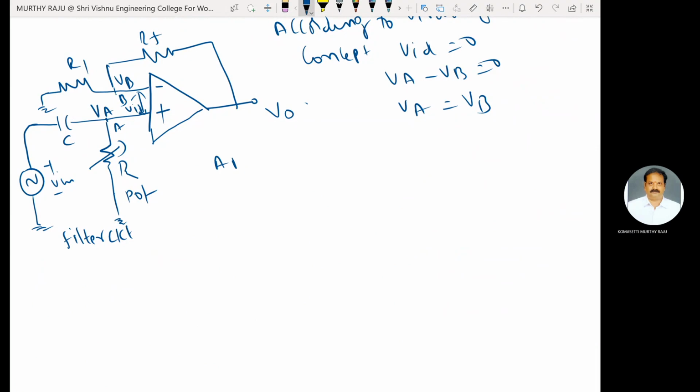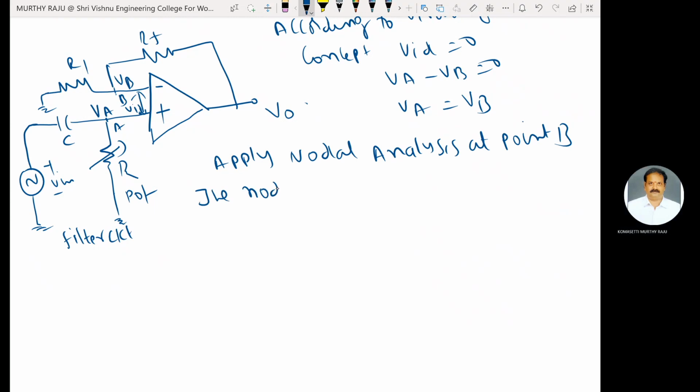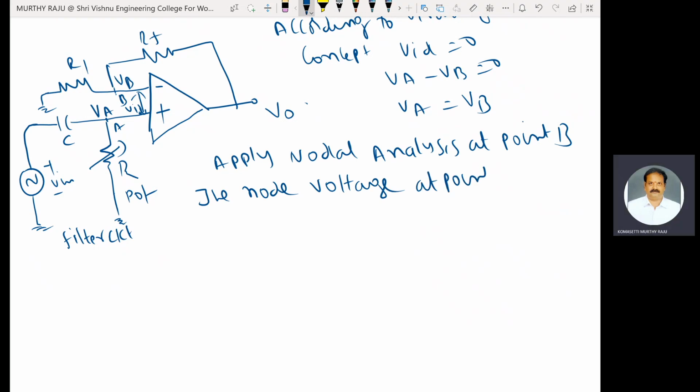Apply nodal analysis at point B. The node voltage at point B is VB.